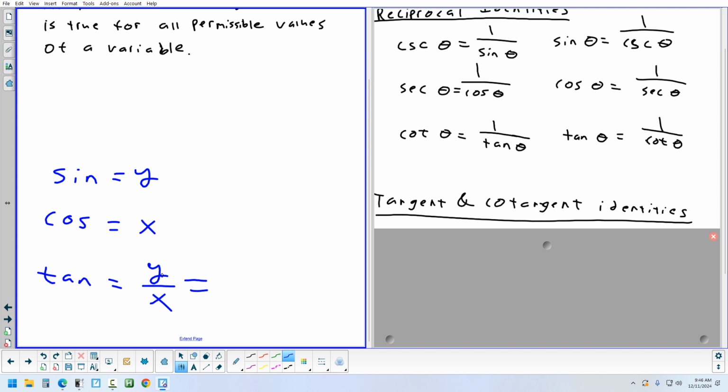What did we just say y is? Sine. And what did we just say x is? Cosine. So what does that line tell you? That last line.